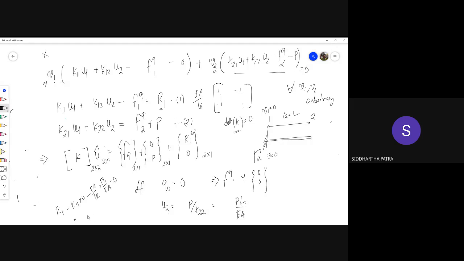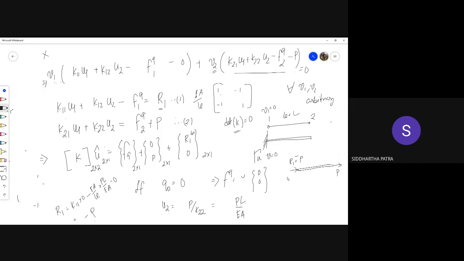So in the end, R1 turns out to be minus P, which basically talks about having a reaction force R1 equals minus P on this side, on the left side. Okay, so if I'm showing minus P, then I should be showing that with a positive X direction. So you have a minus P acting on this side, keeping the object in equilibrium.